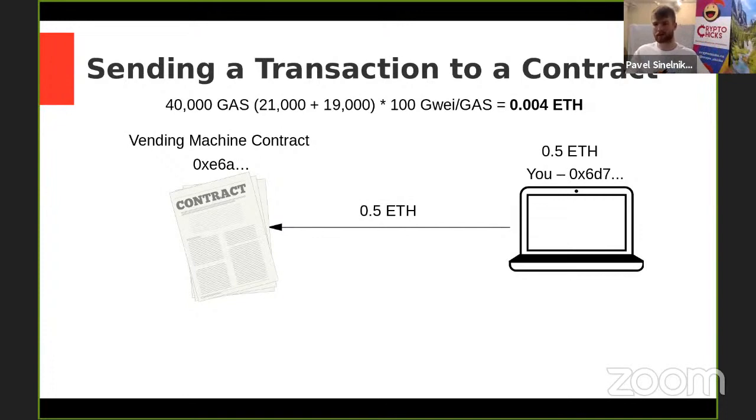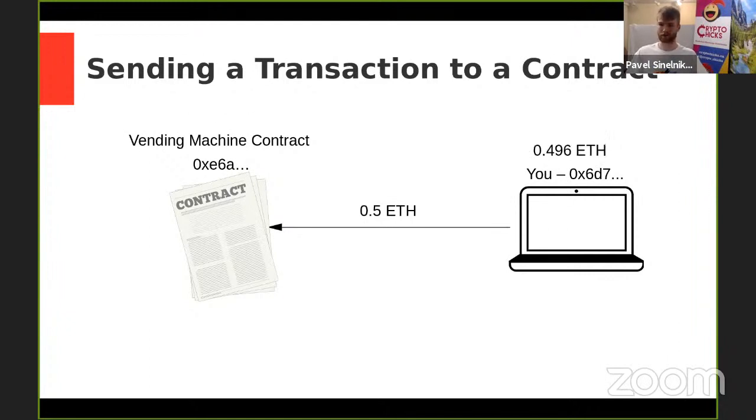We multiply it by the amount of Gwei per unit of gas, and we get 0.004 ETH. Now we subtract that amount from the current amount of ETH that we have, and we are left with 0.4696 Ether.